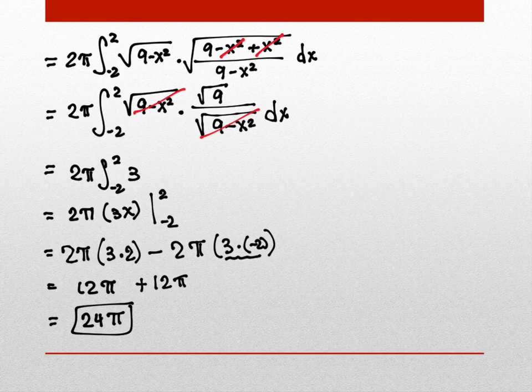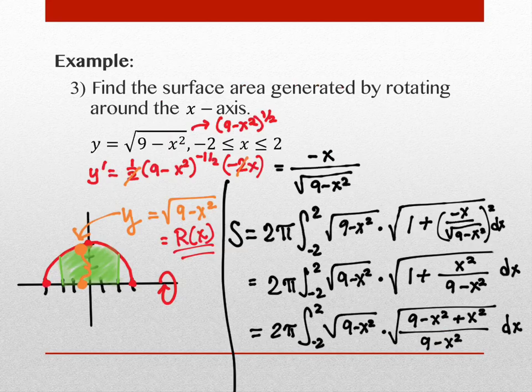Now, it's not super obvious because my image went from negative 2 to 2. But pretend for the moment that the image that we shaded in went from negative 3 to 3. You know what the formula is for the area of a circle. What's the formula for the area of a circle? Pi r squared.